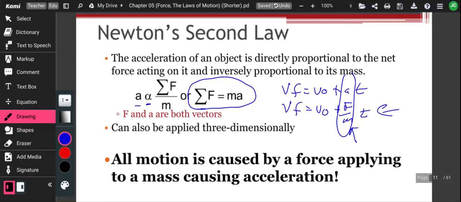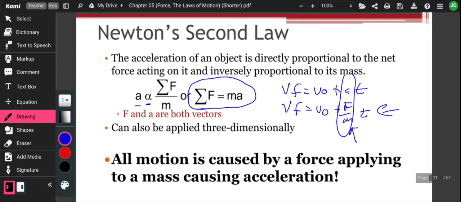And so what Newton says is that if acceleration happens, something had to be pushing it. And depending on the mass or the inertia of the object, mass and inertia are the same, then the force could cause a big acceleration or the force could cause a little acceleration.